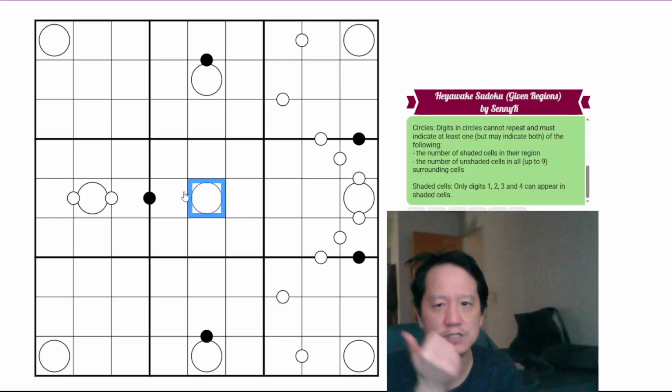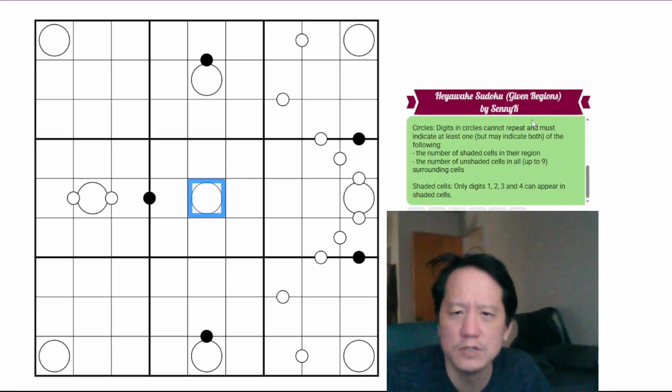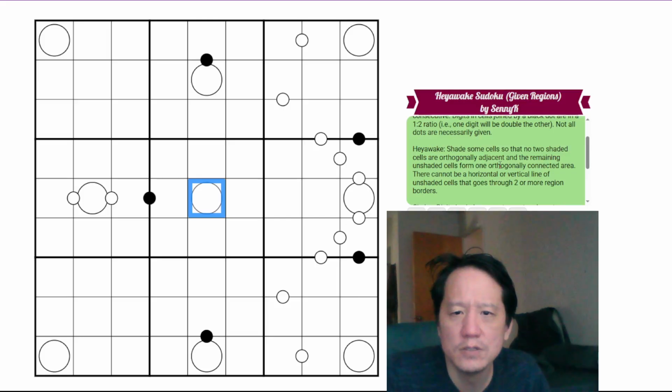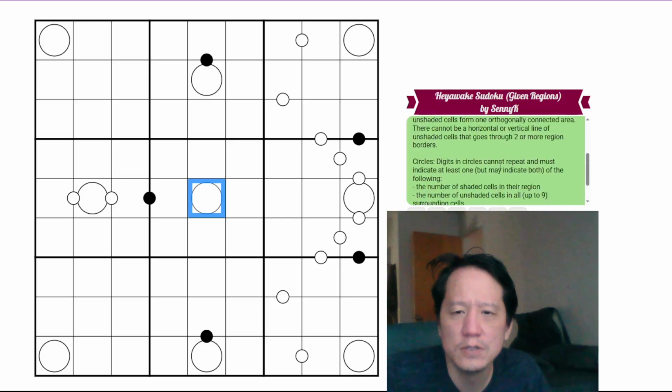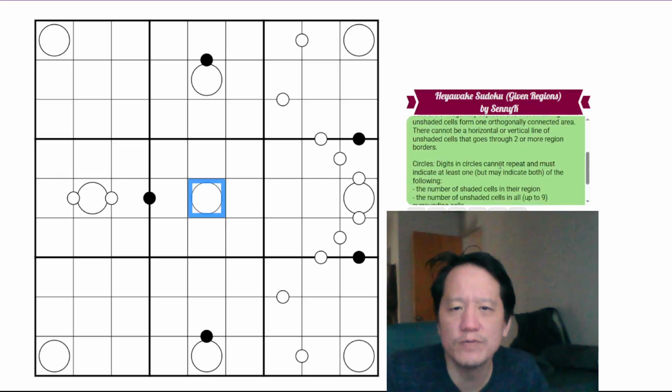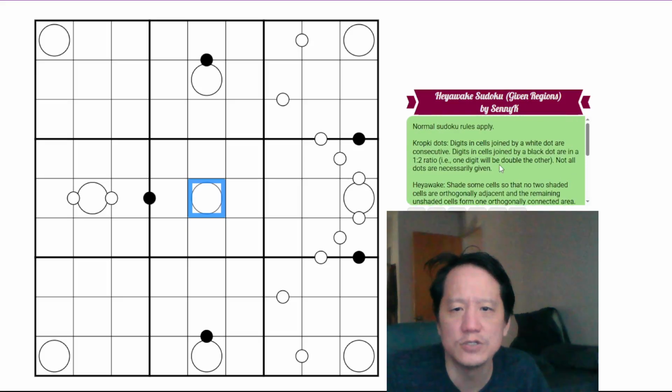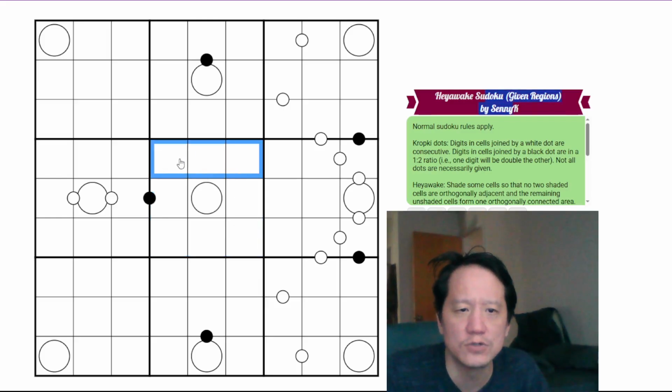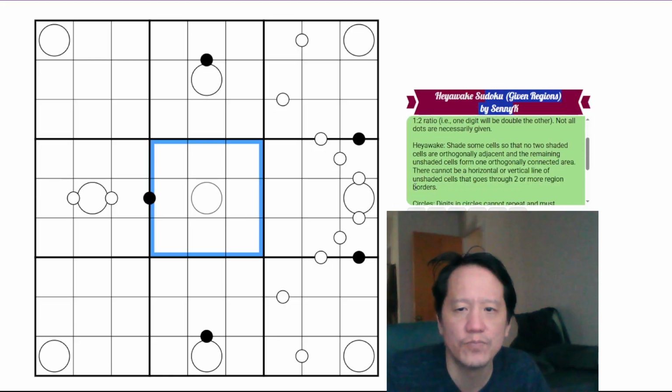If it's a shaded cell, the number of shaded cells in their region. So I assume that means the boxes, right? Yeah, because it's given regions, and these are the regions. Okay.